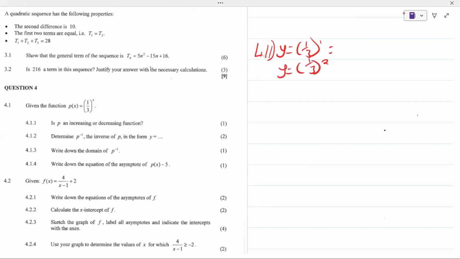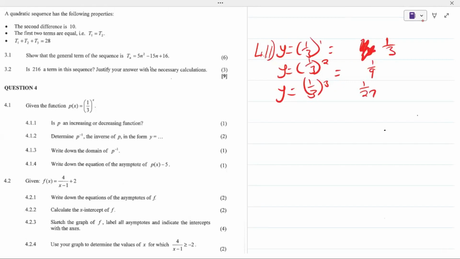You don't even have to write it down. y is equal to 1 over 3 to the power of 3. So that's going to be 1 over 3, right? And then here I'll have 1 over 9.